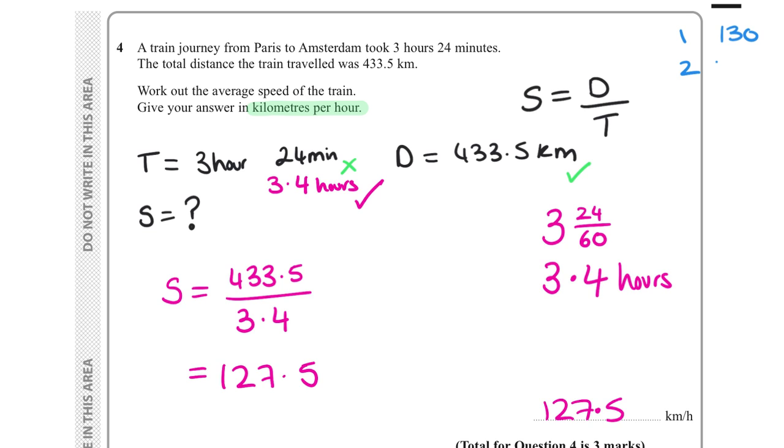In 2 hours, it'd be 260. 3 hours, 390. So 3.5 hours, what's half of 130? 65. So 3.5 hours is going to give me roughly 450-ish. Does that make sense? We travelled 433. We're estimating 450 roughly. So it does make sense. So I know I'm on the right lines.